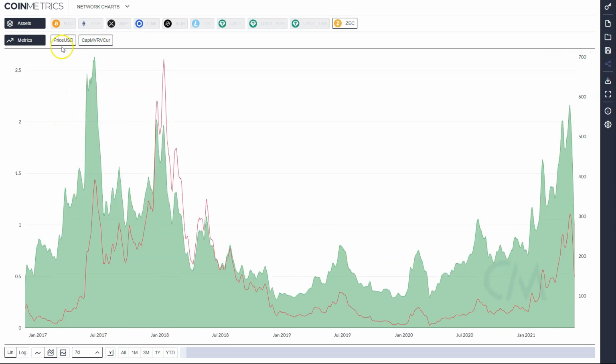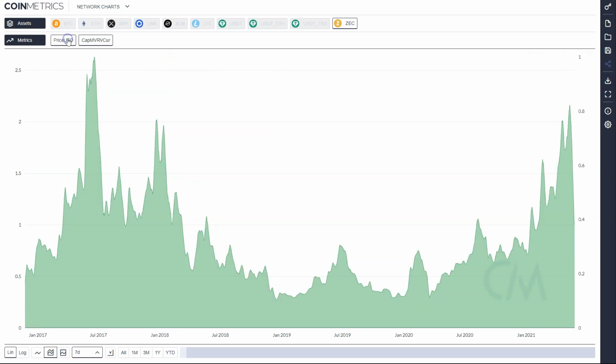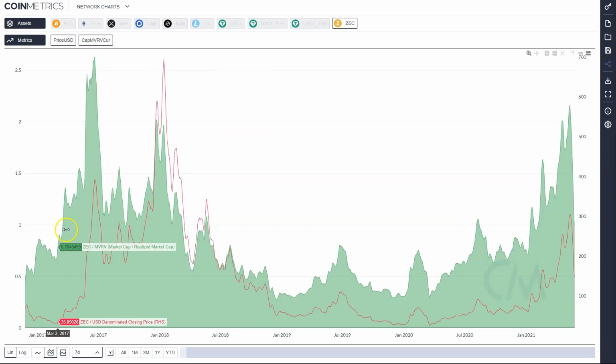One last thing from the metrics side of things, if we look at MVRV, which is market cap versus realized value, similar to NVT, and then we compare that to price in the fill here, MVRV has had a difficult time above 1, although it's exceeded 2.5 before in late 2017.